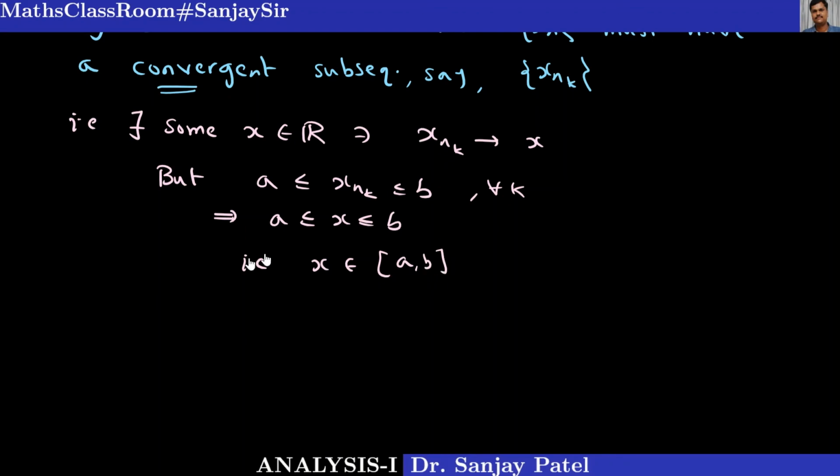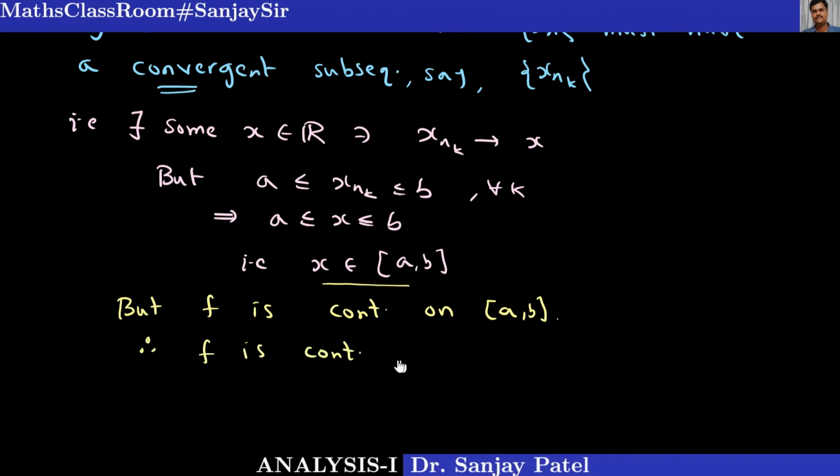But the function which is given to us is continuous. f is continuous on the closed interval [a, b], and this x is also in the closed interval [a, b]. So f is continuous at the point x.